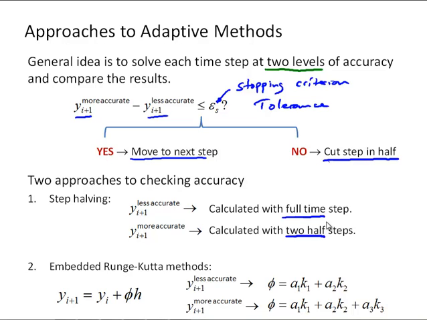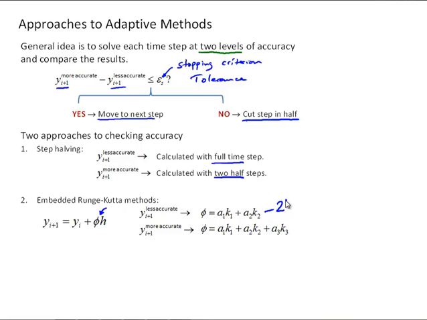Recall that Runge-Kutta methods are one-step methods, and the difference between the methods is how we calculate that increment function phi. So a way that we can do that is to calculate our less accurate result using a second-order Runge-Kutta method, and then calculate our more accurate result using a third order method.